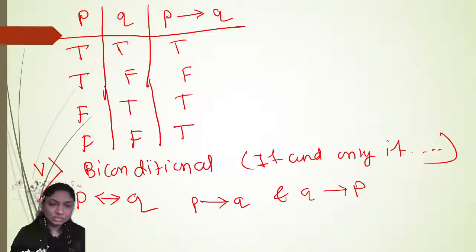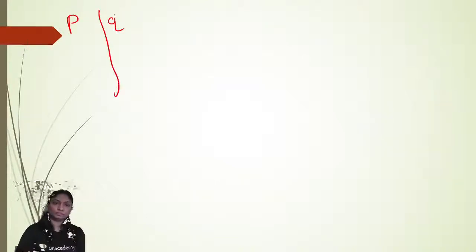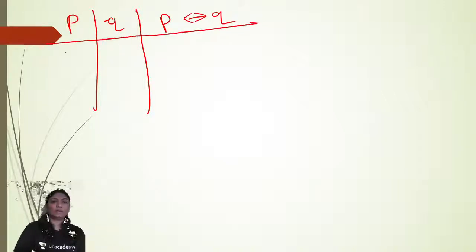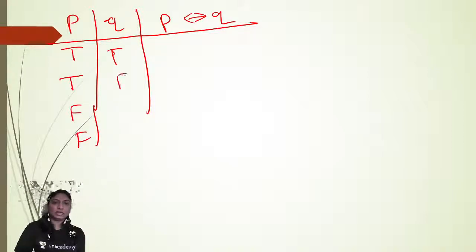Now we will see the truth table for this biconditional statement. P, Q, and P double implies Q. So here T, T, F, F and T, F, T, F. Right?